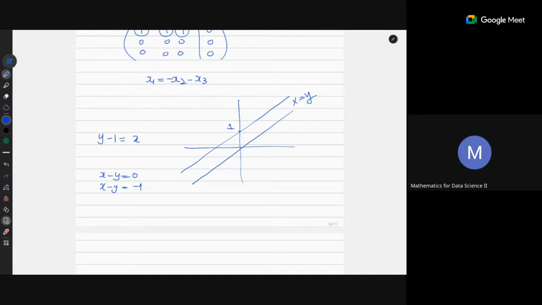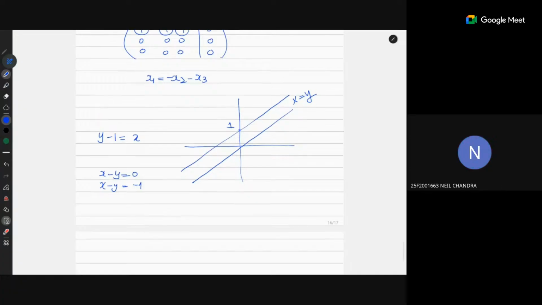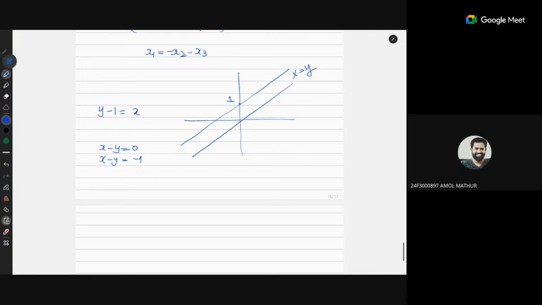So y minus 1 is equal to x. This is correct. So now you write down the corresponding system. What is the corresponding augmented matrix? It is 1, minus 1, 0 and 1, minus 1, minus 1. Now the second row is a multiple of the first row, so you subtract it. You do R2 minus R1.